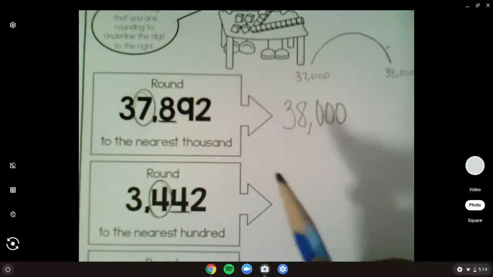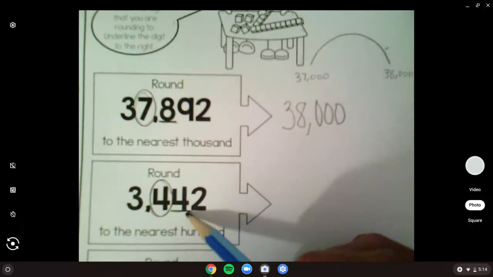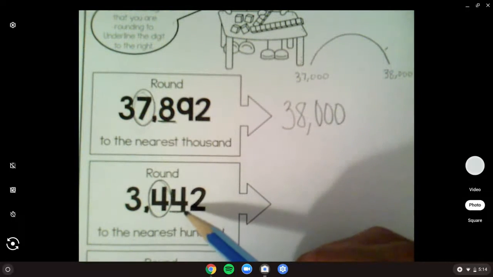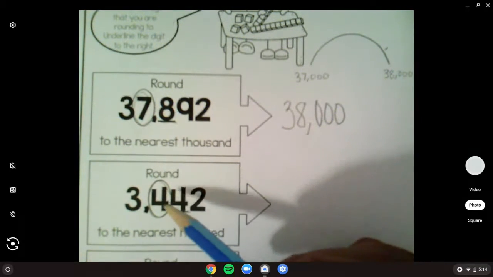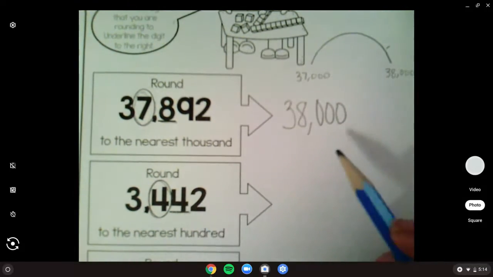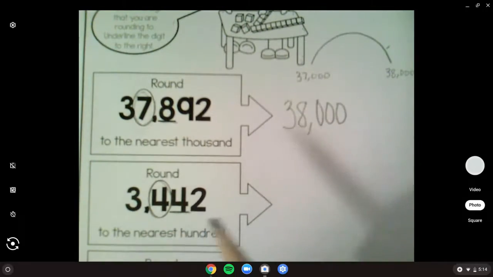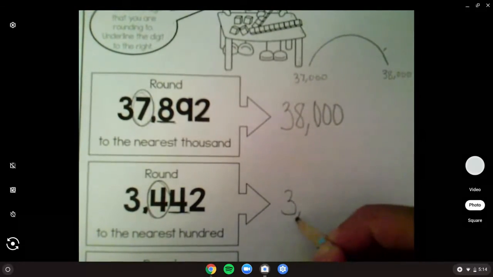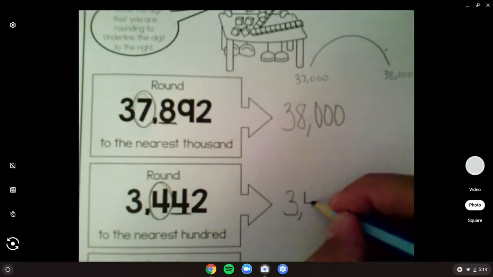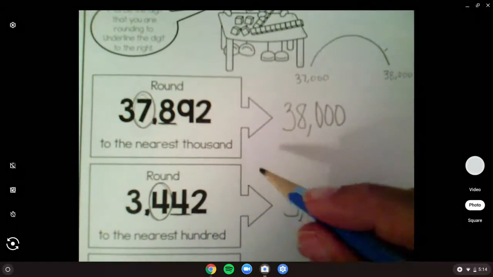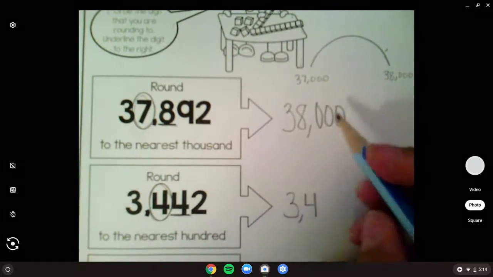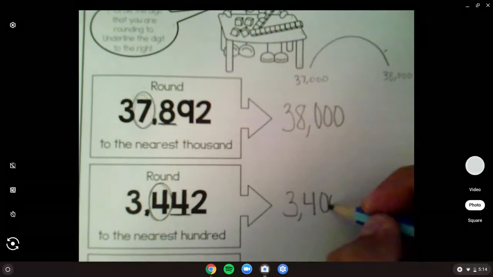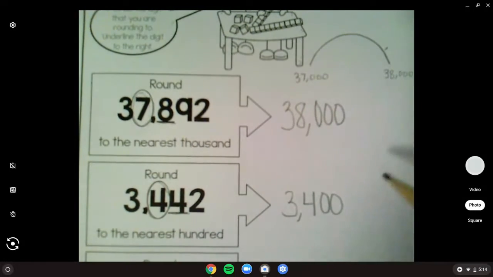Now I look and see, is my underlined number 5 or more, raise the score, or 4 or less, do I let 4 rest and stay where it is? 4 does let it stay, so I keep everything in front of my circled number. So I have my 3,000, then I have my 4 in my hundreds, and my last 2 digits here, put zeros in their place.